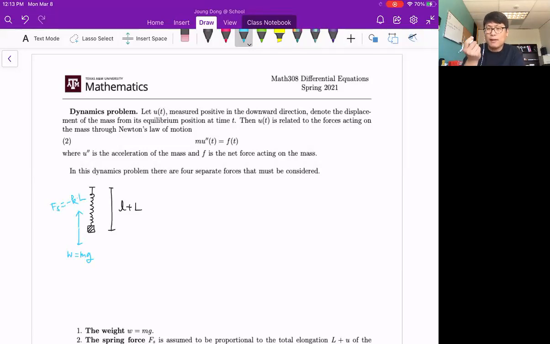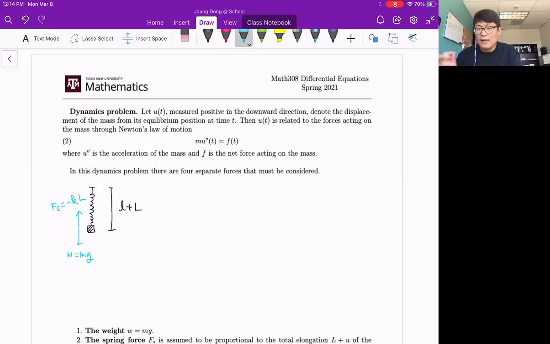Now I'm going to apply an external force to this equilibrium position, then it will be stretched out. And we're going to say that is the displacement. Is that okay? And we will talk about the total force for that motion. We're going to say that is f of x, okay?